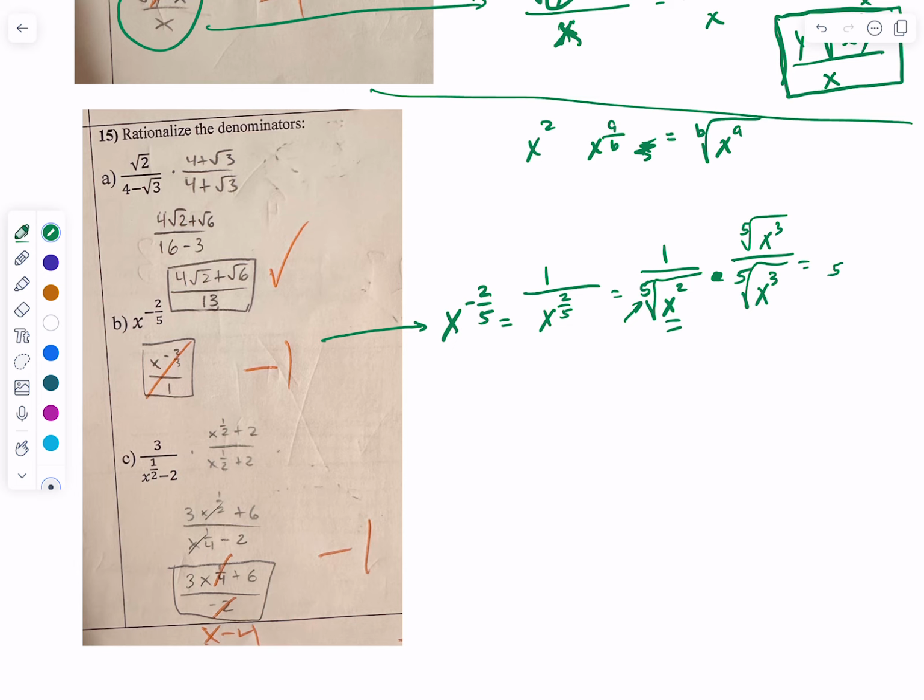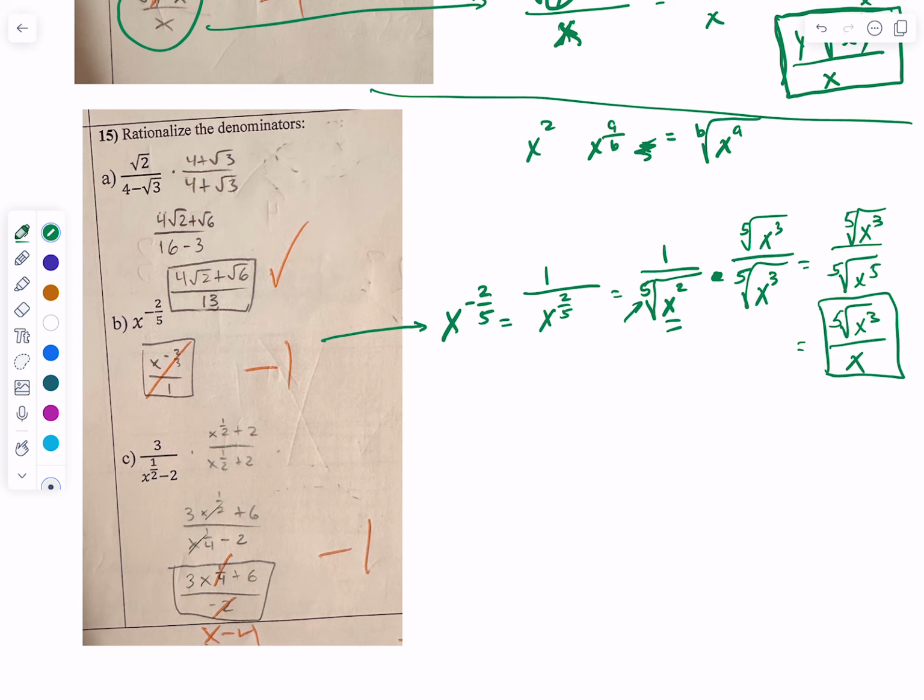So now we get the fifth root of x to the 5 on the bottom, and on the top we get the fifth root of x cubed. So that's the fifth root of x cubed over x.